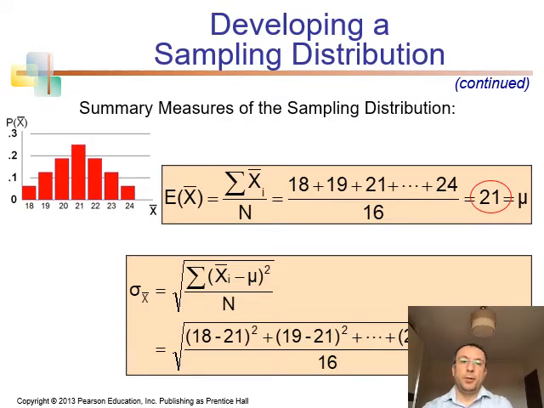Simply put, you add up all the numbers that you find, divide by the total size of the sample, and that will give you the mean. And for the variance of the sample mean, you do the same thing as the usual variance, but this time you divide by the sample size, and that will give you the variance of the sampling distribution.